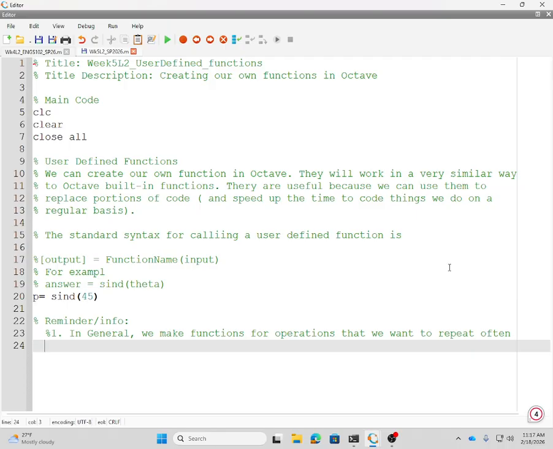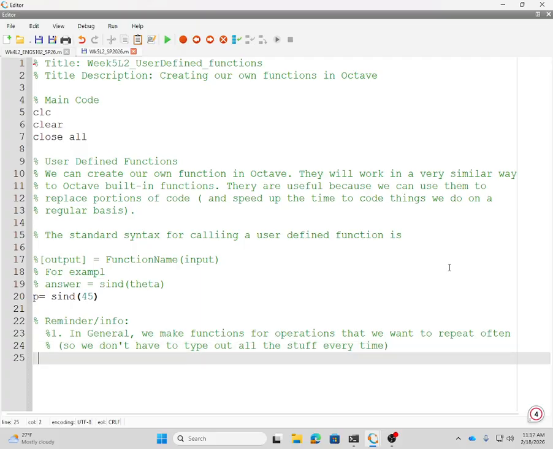Okay, so we don't have to type out all the stuff every time. I did talk about it, right? So if something is repeated, then you may want to write a user defined function. If it's a single time deal, you may not even bother to write a user defined function.